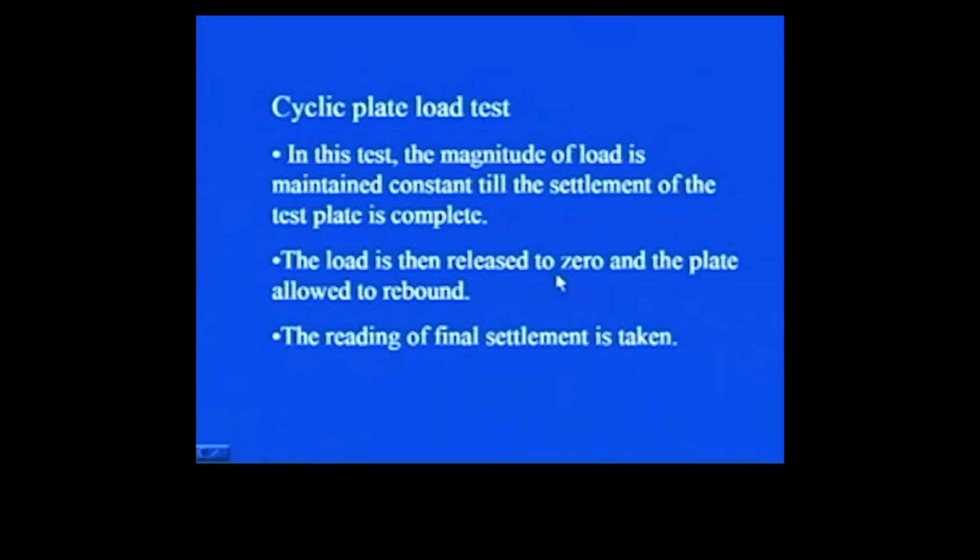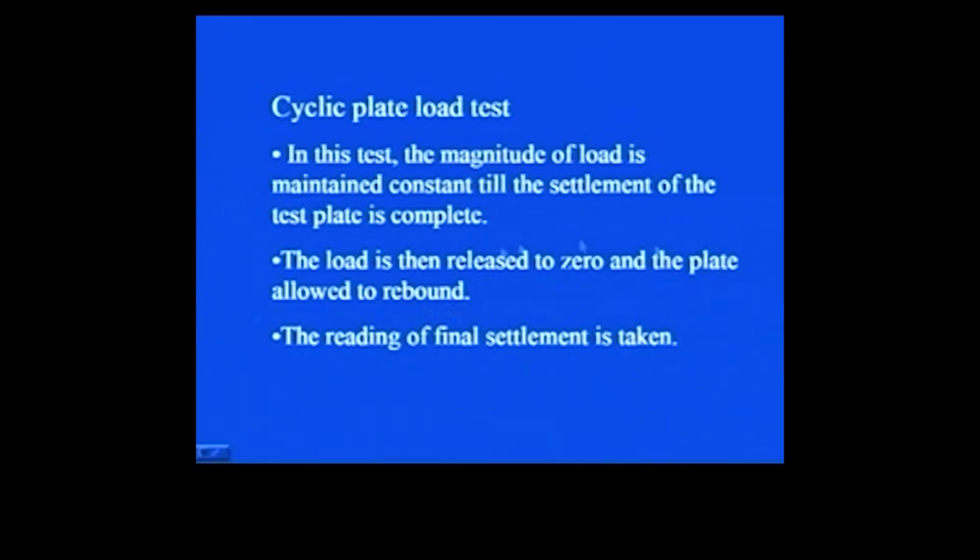obviously, due to the elasticity which is present in the soil, the test plate will have the tendency to rebound. Although some settlement has already occurred, the resulting settlement will not be 0; it will not recover the whole of the settlement, but some part of the settlement it will recover, and that part of the settlement is called elastic settlement.